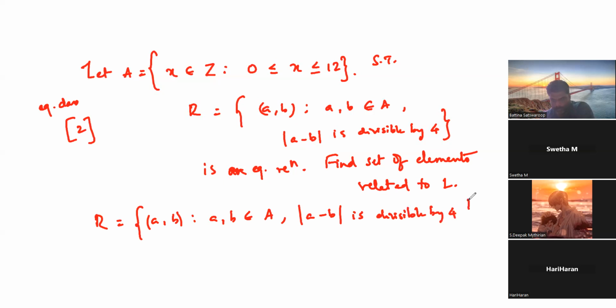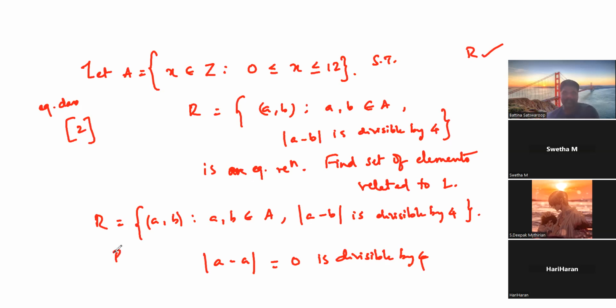So modulus of a minus a is 0, which is divisible by 4. Therefore, it is reflexive. Right? Yes. Note the reflexive condition first.